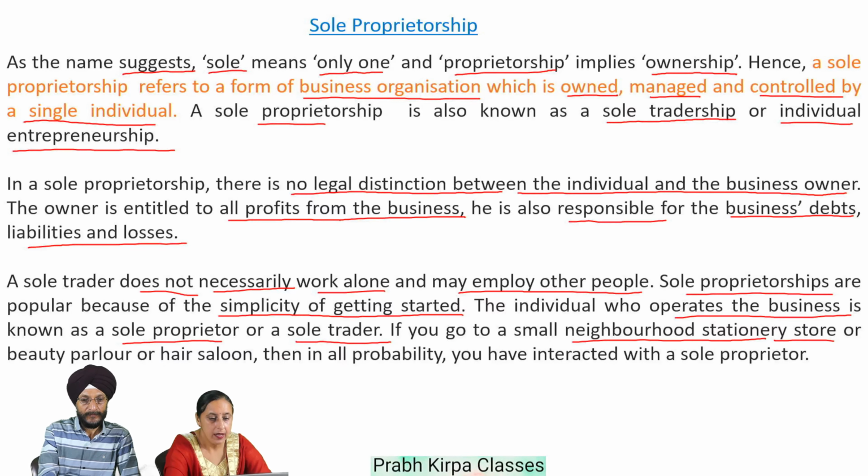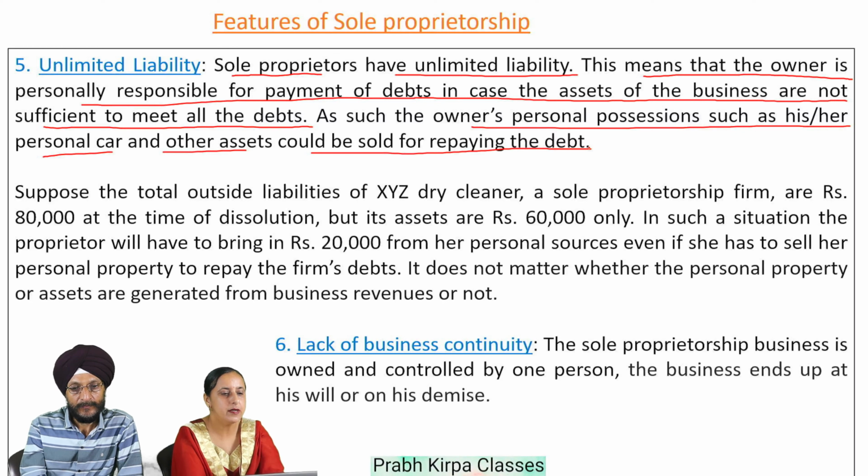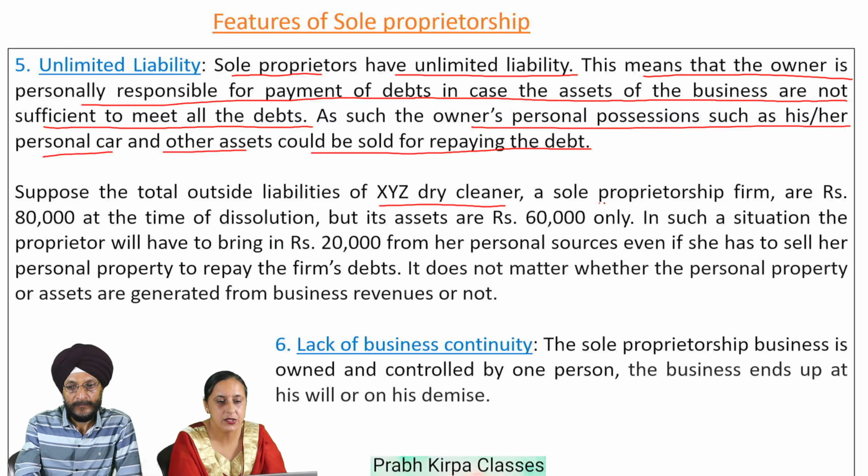As such, the owner's personal possessions, such as his or her personal car and other assets, could be sold for repaying the debt. Suppose the total outside liabilities of XYZ Dry Cleaner, a sole proprietorship firm, are rupees 80,000 at the time of dissolution, but its assets are rupees 60,000 only.